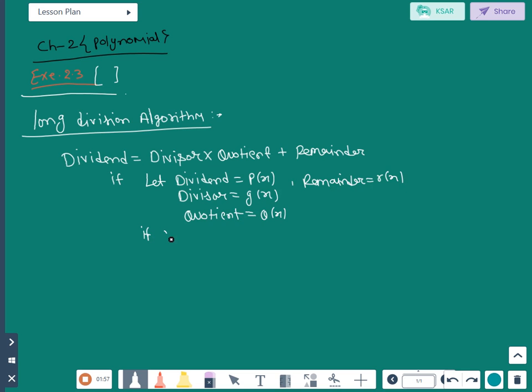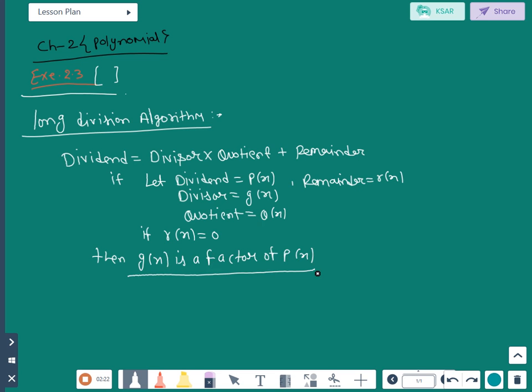So if r of x is equal to 0, then what we can say is that g of x is a factor of p of x.